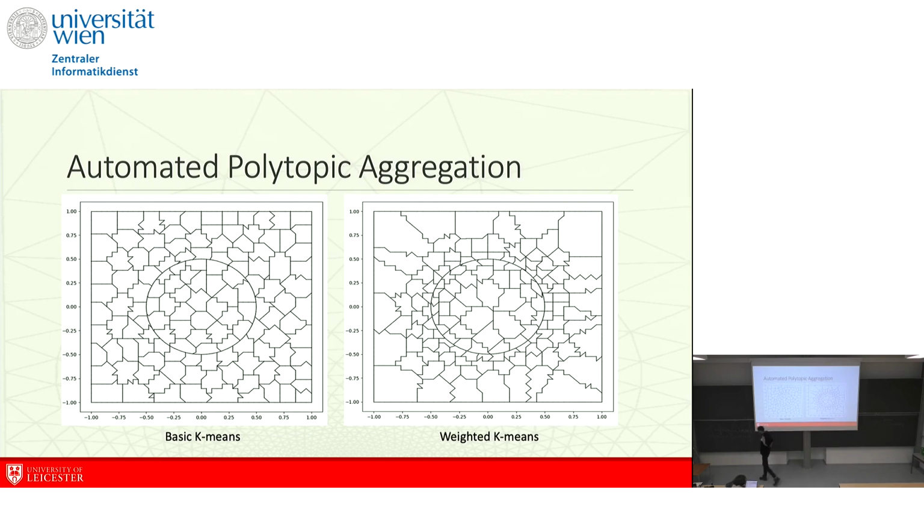So to automate the polytopic meshes, we use a k-means approach. We set up our base mesh, and then we set a bunch of centroids randomly placed throughout the mesh.